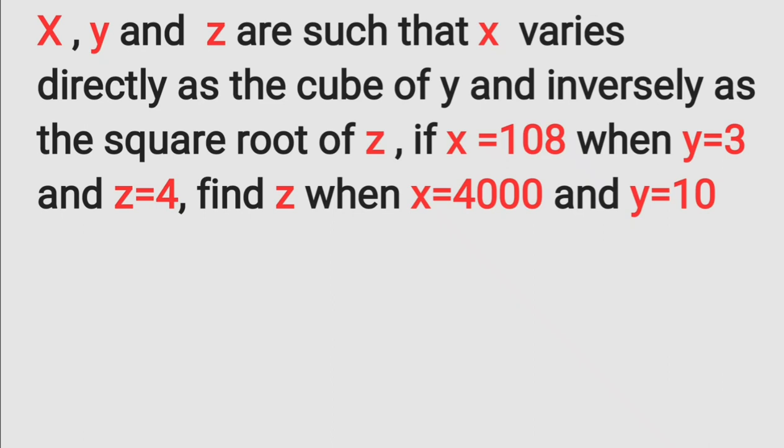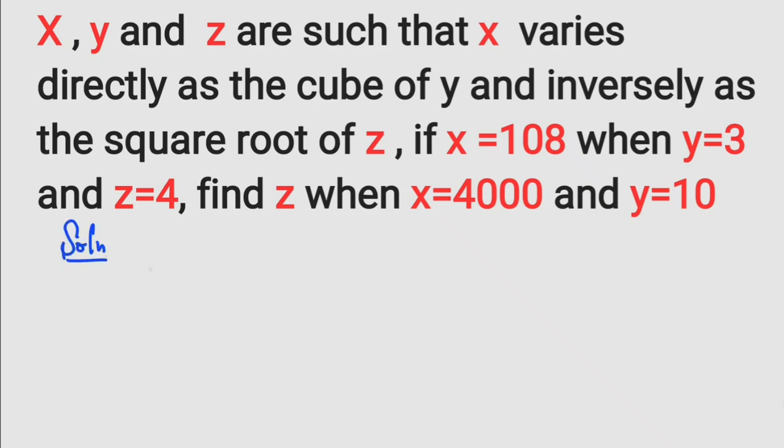Now, x, y, and z are such that x varies directly as the cube of y. There's a relationship here between x, y, and z. Let's come here, this is the solution.